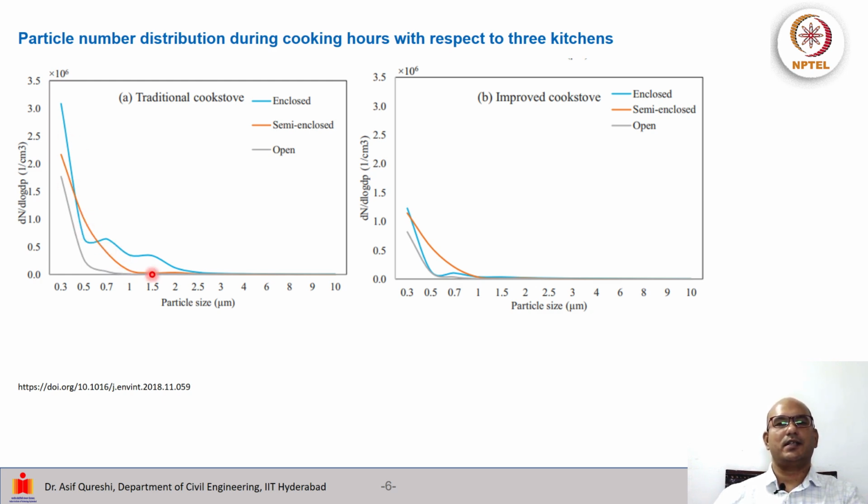And when we see the improved cook stove here, we do not get that high particle number concentration. Our particle number concentrations are now lower, and interestingly in semi-enclosed not that different, but quite different in the enclosed kitchen, because we can immediately see an impact. And we also see improvement in the open kitchen in terms of the particle number distribution.